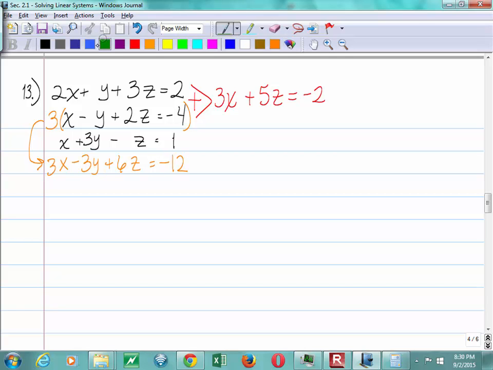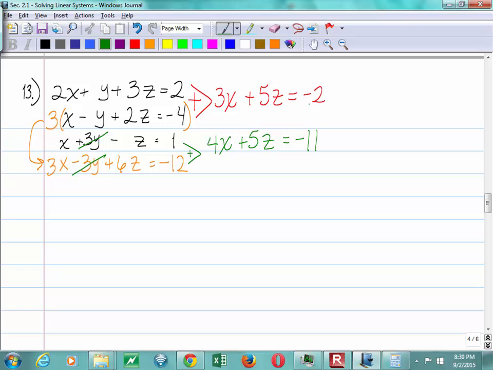Then I'm going to add that together with the third equation. So x plus 3x gives me 4x. The y's cancel out. And then negative z plus 6z gives me plus 5z. And 1 minus 12 is negative 11.